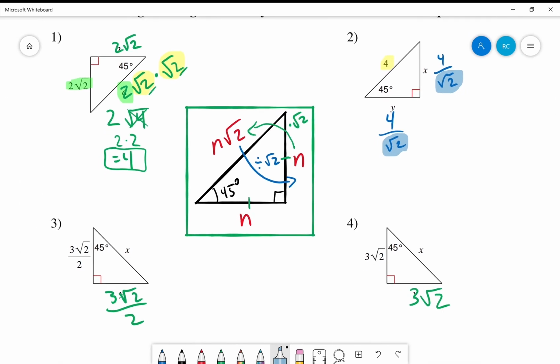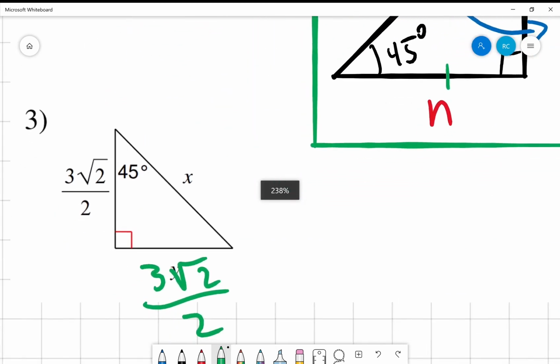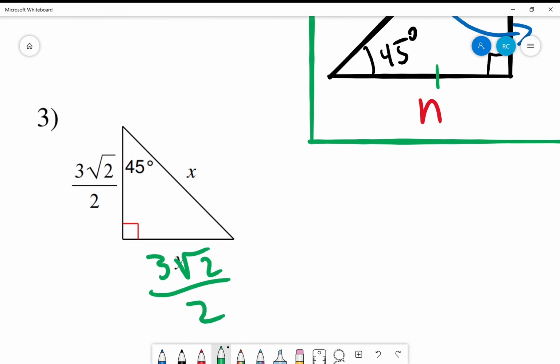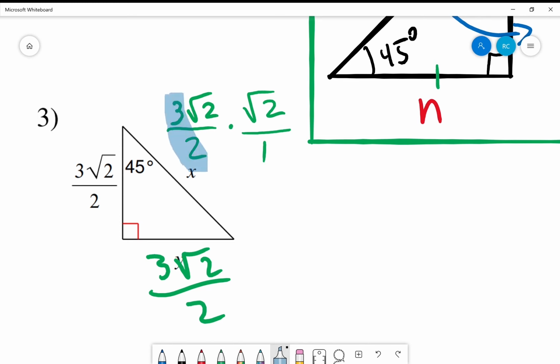Okay, so number 3 looks like a nightmare, but again, let's take it one step at a time, okay? We have the leg is 3 times the square root of 2 divided by 2, and we're multiplying that by the square root of 2. Now remember, just like in the last video, we're not multiplying the top and the bottom by the square root of 2, because this is the square root of 2 over 1. Again, whole numbers divide with whole numbers.